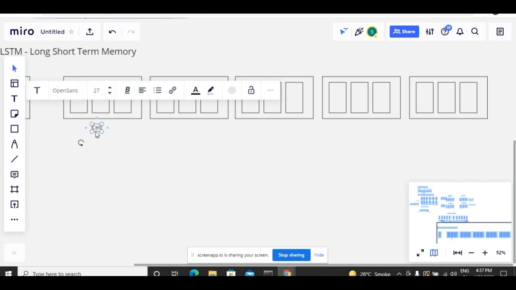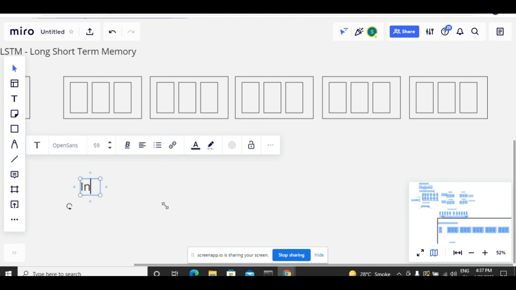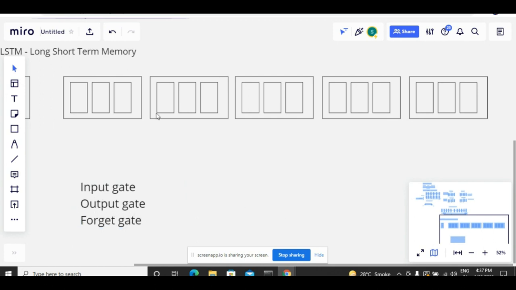Now every cell has an input gate, which is a neural network, an output gate, and a forget gate. And all these cells are actually connected to each other through this connection, which is passing through all the cells.